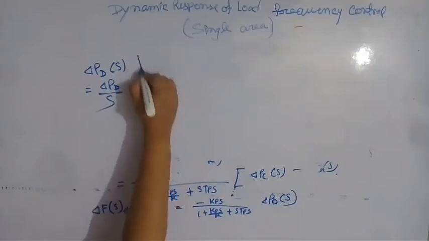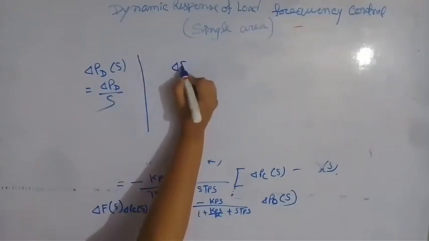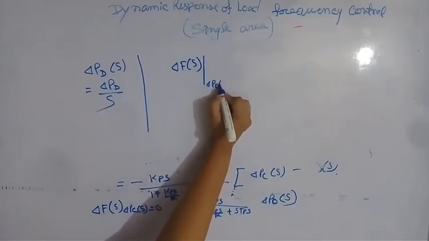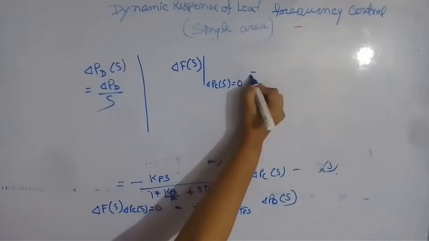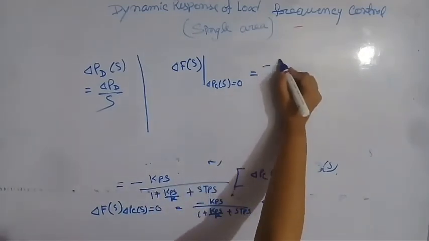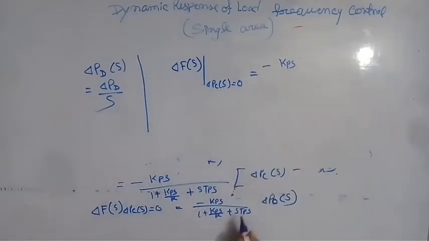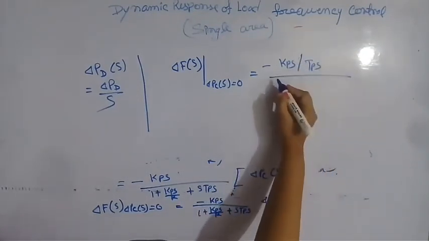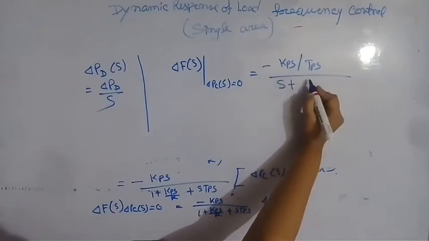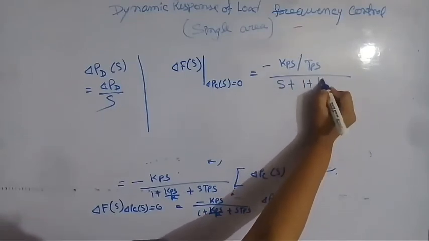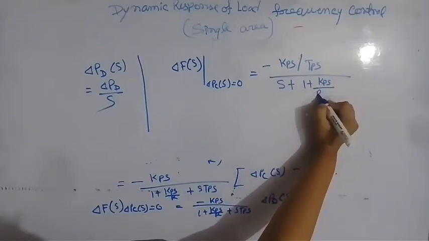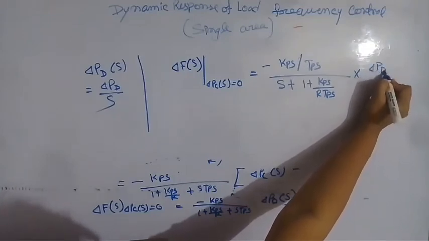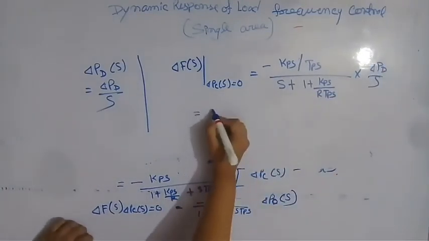Now delta F of S is equal to KPS; taking TPS common, KPS by TPS over (s plus (1 plus KPS by R) into 1 by TPS), into delta PD by s.